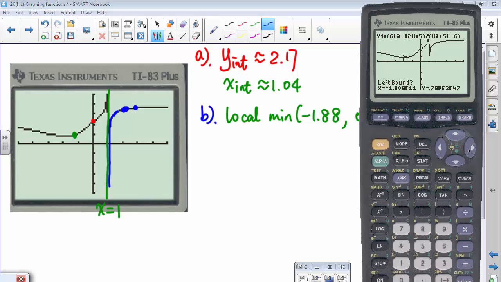If you are not able to determine, or we can say you are not able to see where the local maximum point is, you can leave this one on the left side of the maximum point a little bit further. That's okay. So let's press enter.